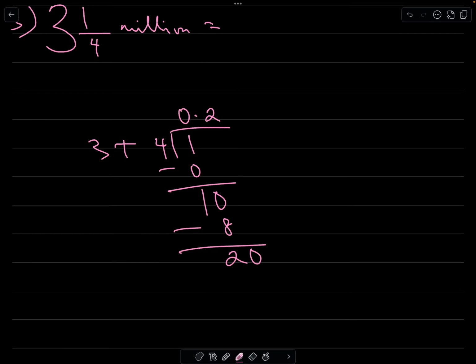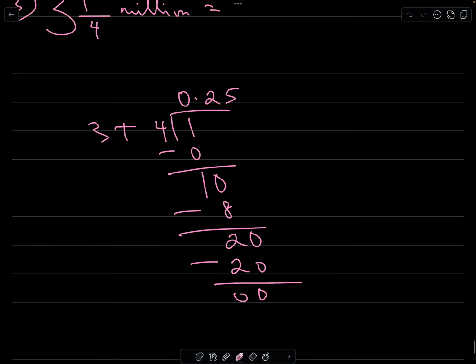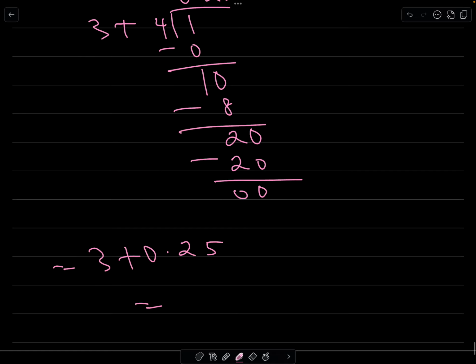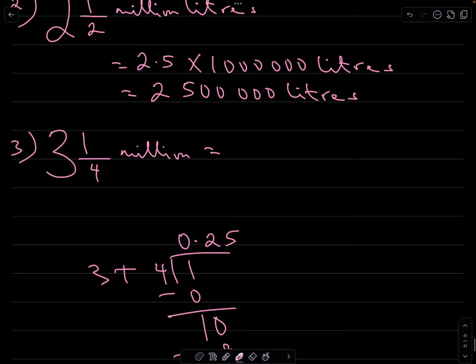You add a 0 and say 4 in 20, 5. 4 times 5, 20. Now you subtract and have 0. So the answer will be 3 plus 0.25, which is equal to 3.25. So 3.25 million means 3.25 times 1 million.